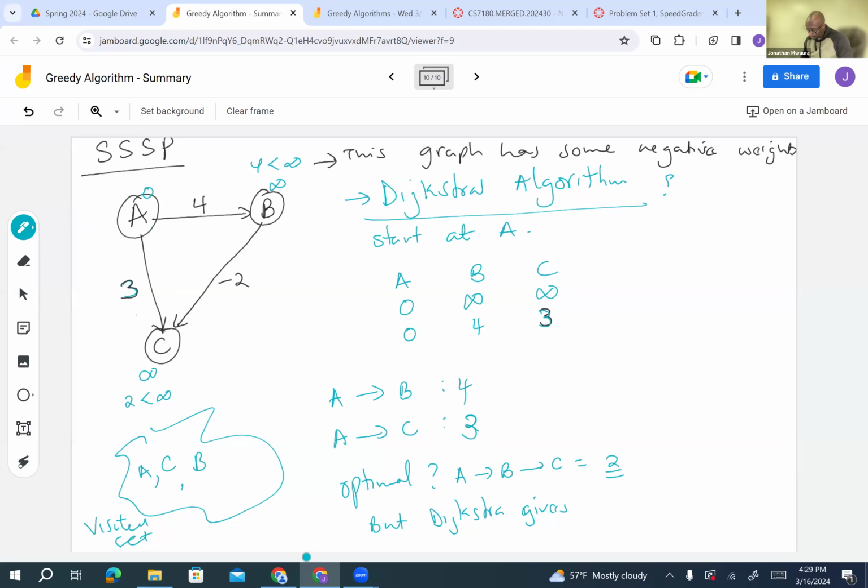A to C would have been 3, yet A, B to C is actually 2, right? It's actually 2. But Dijkstra gives us 3. So definitely not optimal. Dijkstra would not have seen this, and so on.